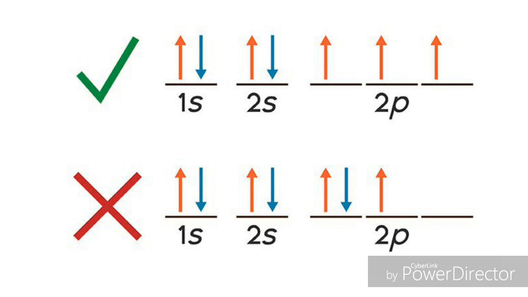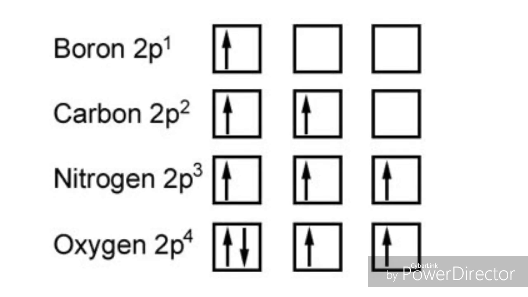Here you can see the correct way of representing electronic configuration, and below you can see the wrong one. Based on the atomic number, when we write the electronic configuration, here you can see the electronic configuration of nitrogen. Nitrogen's atomic number is 7: 1s2, 2s2, 2p3. Let us see the different examples.